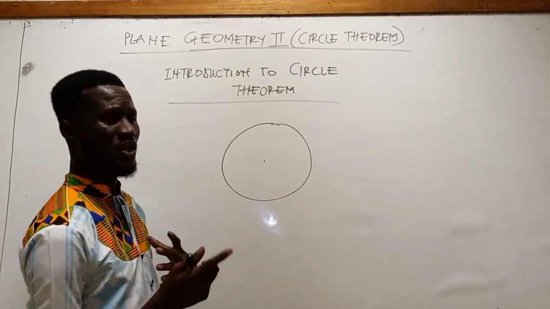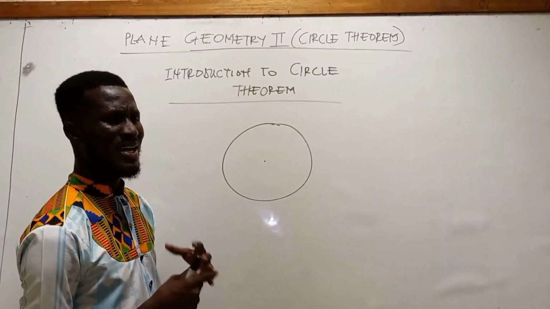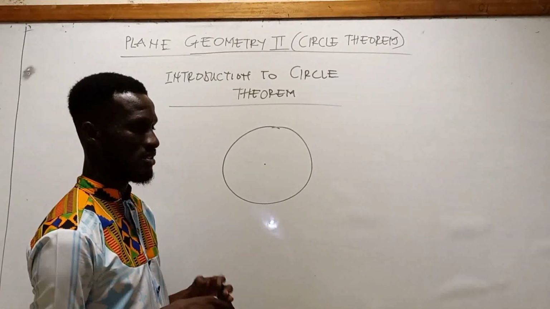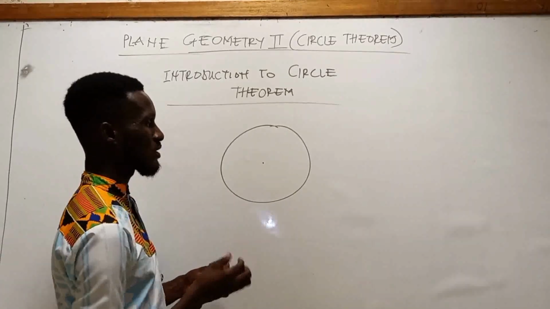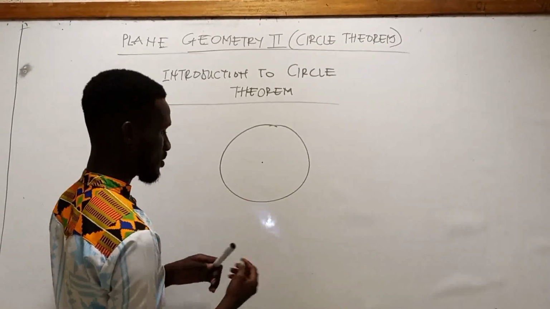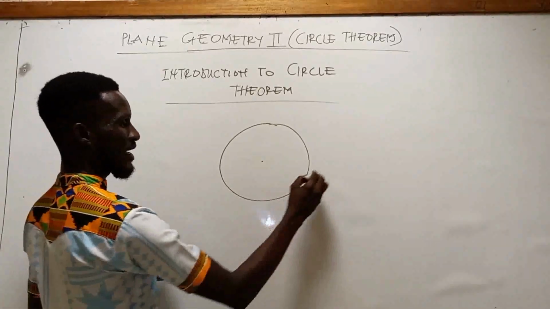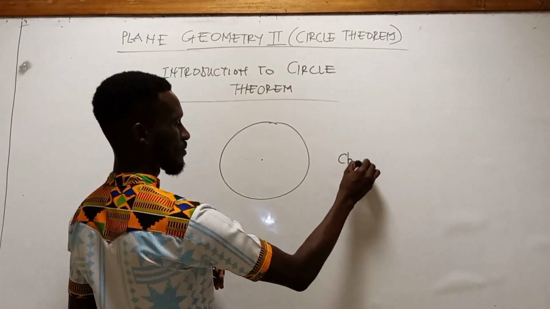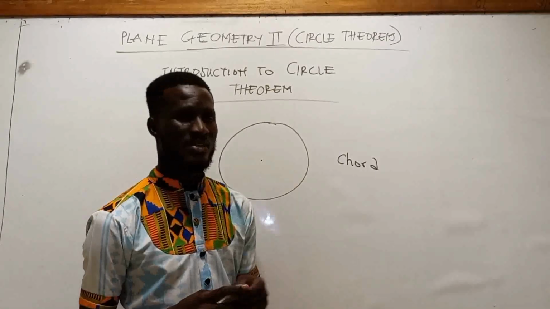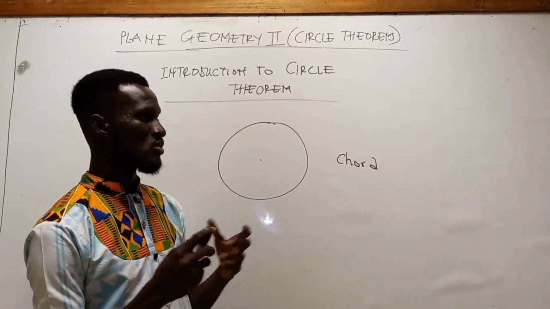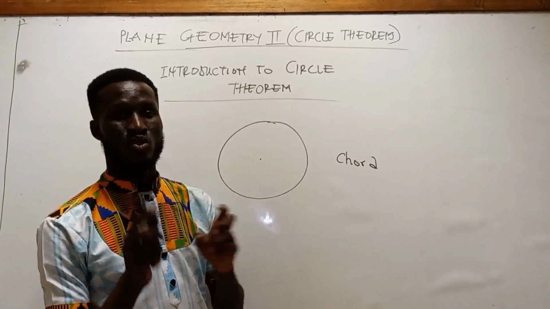Now, in a circle, we can talk about something called a line segment, or a chord. A line segment is the same as a chord. And what is a chord? A chord is just a straight line that meets the circle at 2 points.